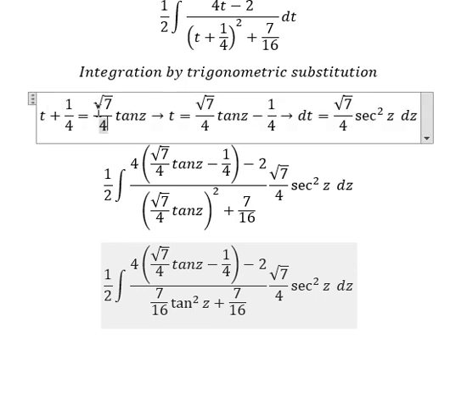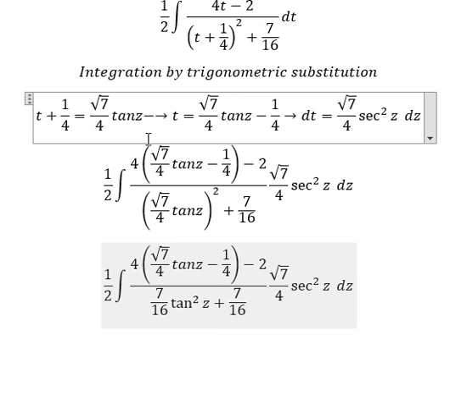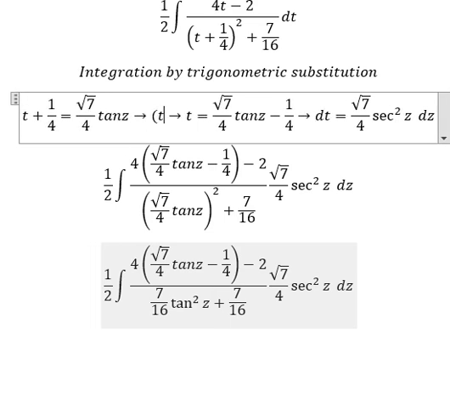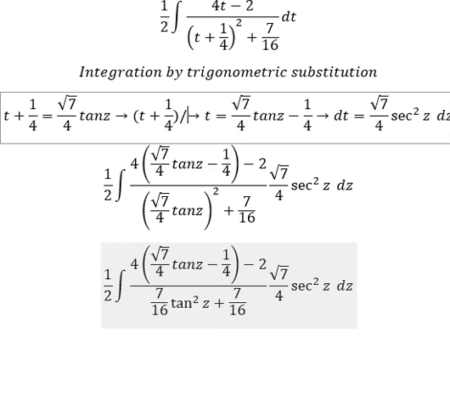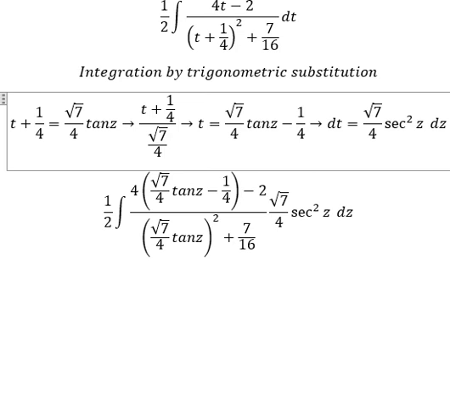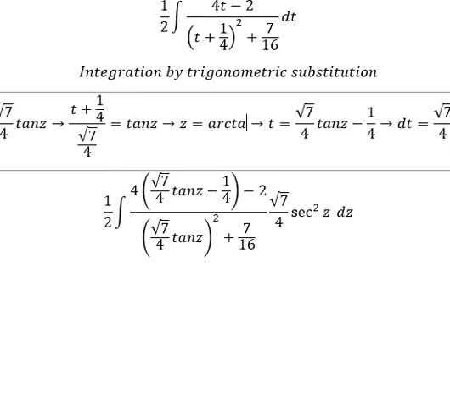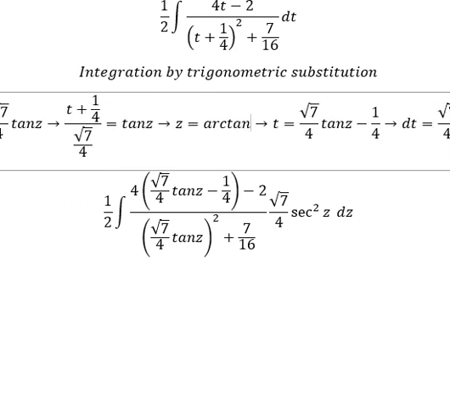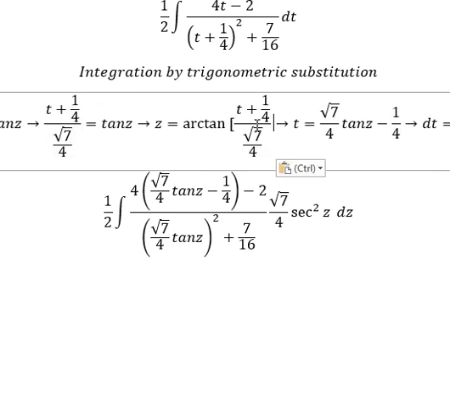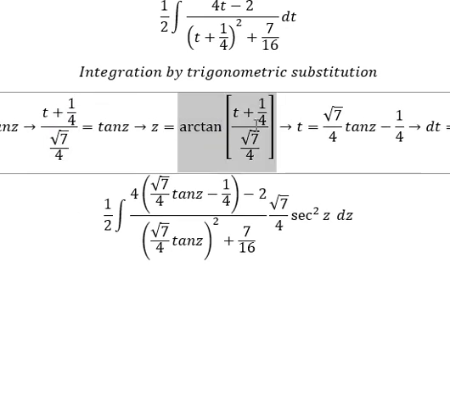So we divide both sides by the square root of 7 over 4. And we got z equal to r tan of this one. So we put this one to replace z.